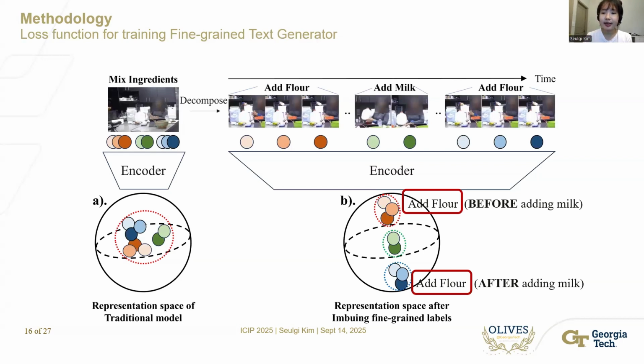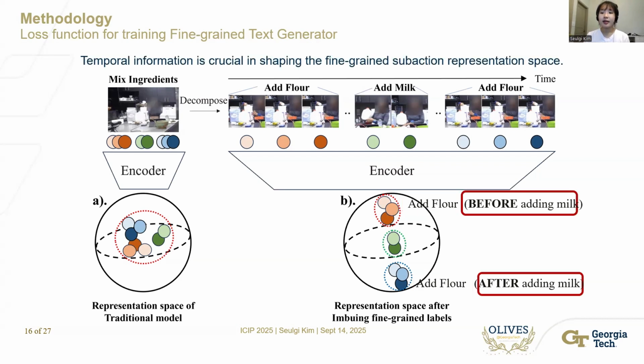Particularly, even frames representing the same subaction, which is adding flour in this case, are split into different clusters depending on when they occur. This suggests that temporal information is crucial in shaping the fine-grained subaction representation space.